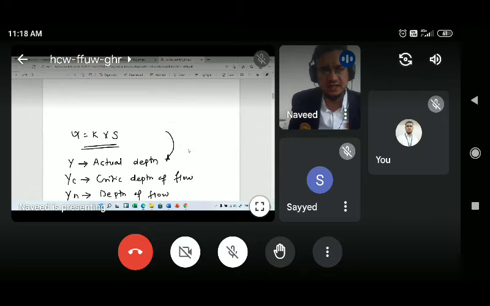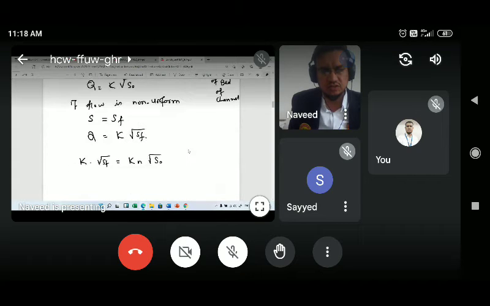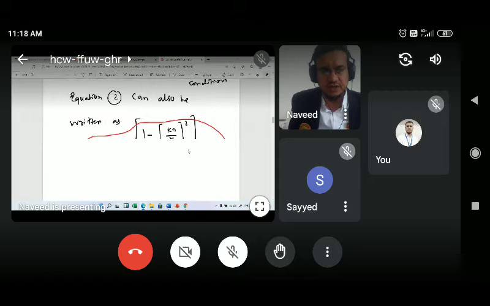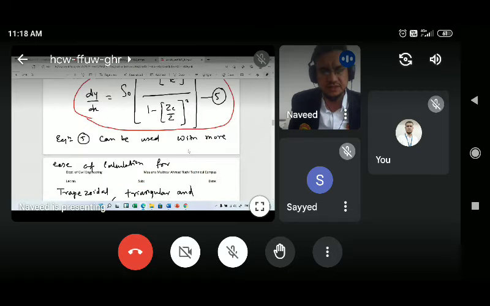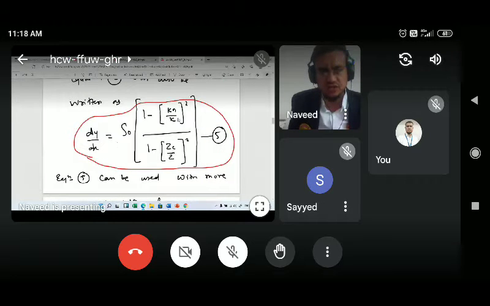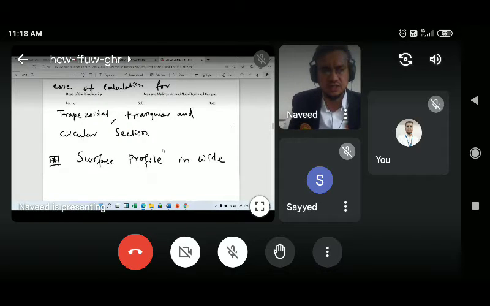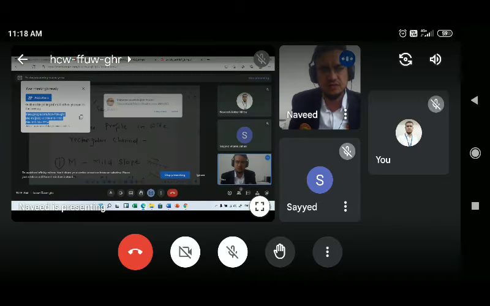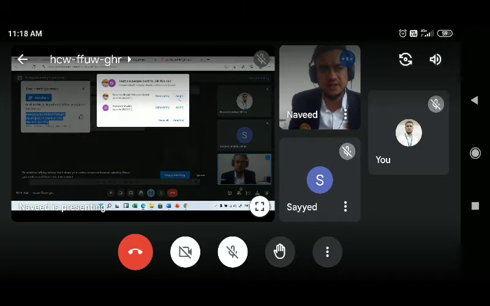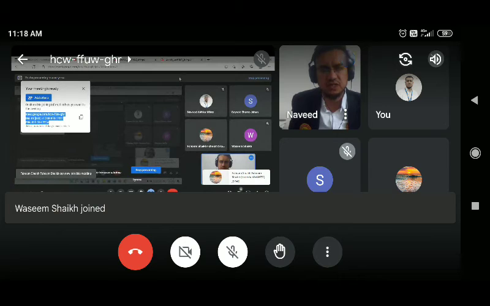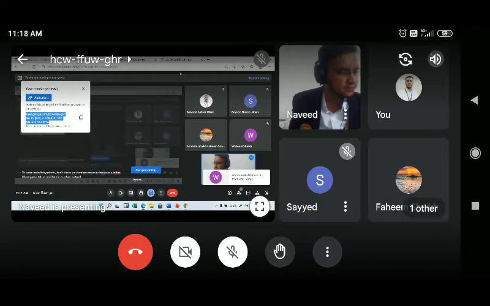And then the generalized equation for the trapezoidal, triangular, and circular section we arrived at from the convenience factor and section factor, right? And then we started the surface profile for the wide rectangular channel.